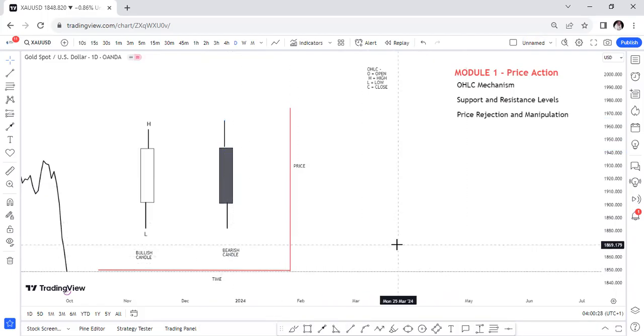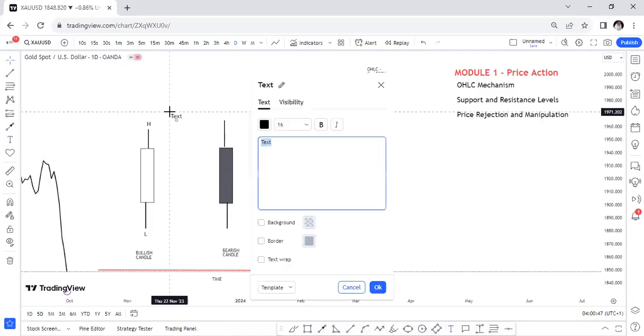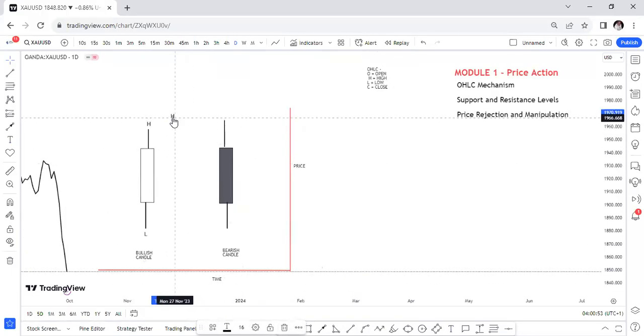So you must understand the language of price action, so that you are not blindsided by the conventional way of interpreting price action.